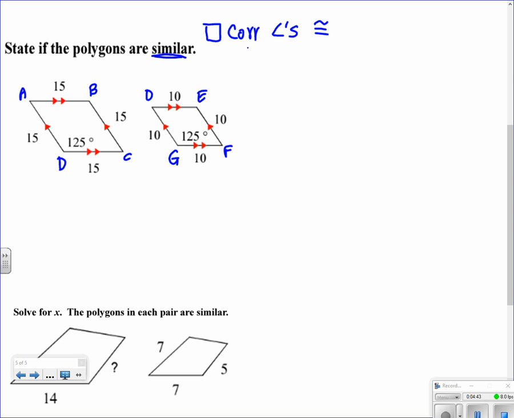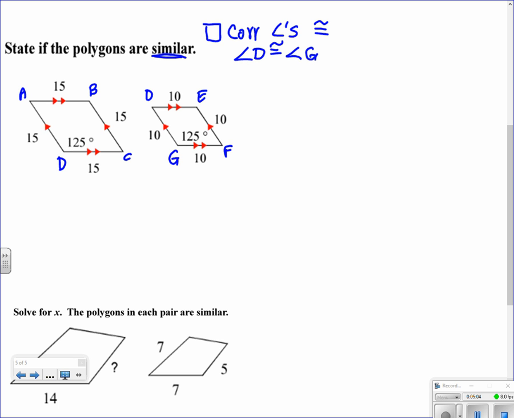So angle D corresponds to what angle over here? Well, D is the lower left side, so on the lower left side will be angle G. And are they congruent? Well, this is 125 and this is 125. They have the same measurement, so they are congruent. Remember, congruent means they have the same measurement.